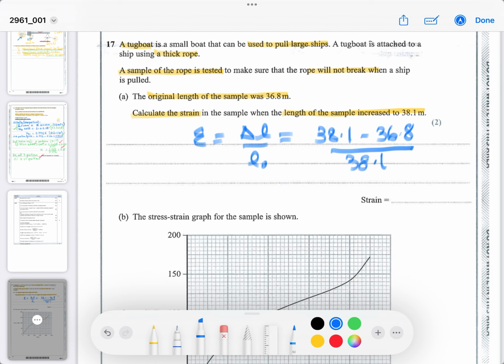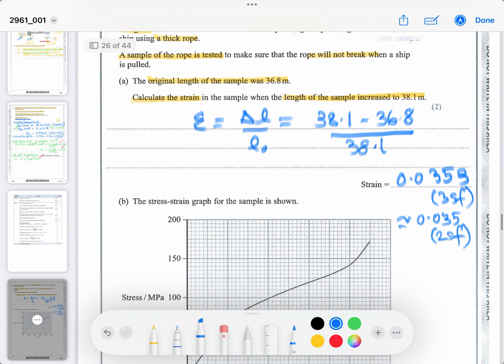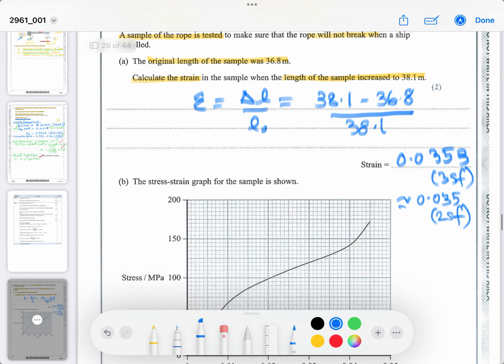And that gives you a strain of 0.0353 to 3 significant figures, which you should probably round to approximately 0.035. 2 significant figures is sufficient, in my opinion, although they have given you 3 significant figures in the data here.